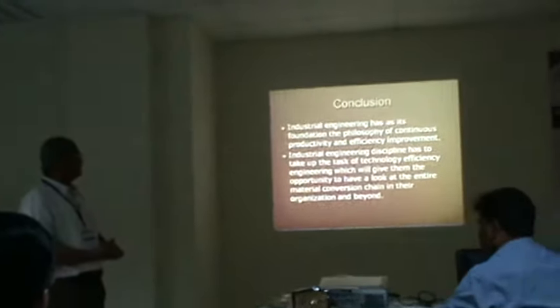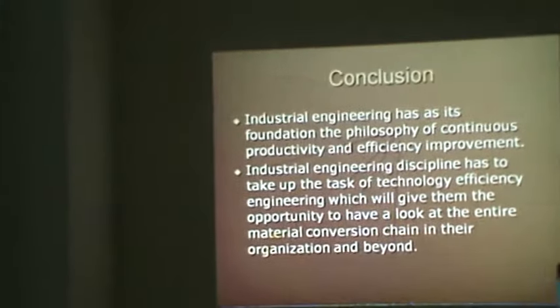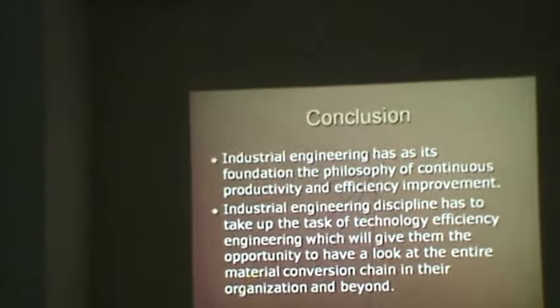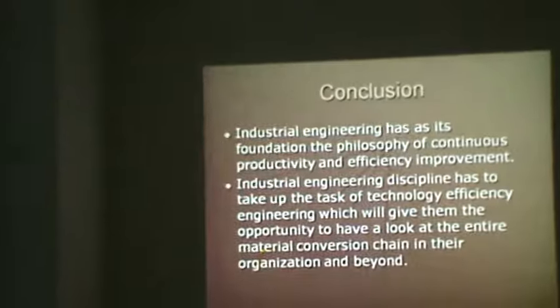Industry has to take up the task of technology efficiency engineering, which will give them the opportunity to look at the entire material conversion chain in their organization and beyond. What is supply chain? The idea of supply chain is, whatever you are doing within your factory, you should be able to do in the suppliers' factories also, and make sure that the entire supply chain is efficient. Don't focus only on the efficiency of your factory, right?